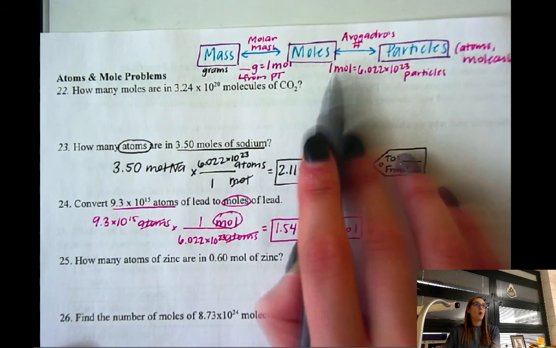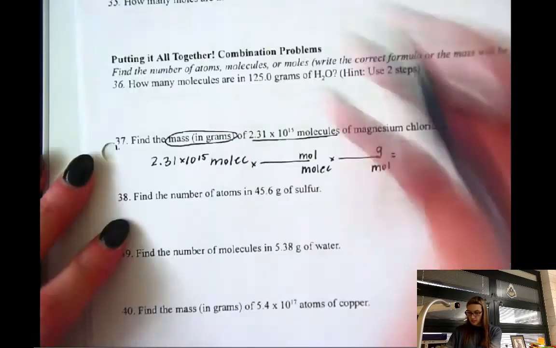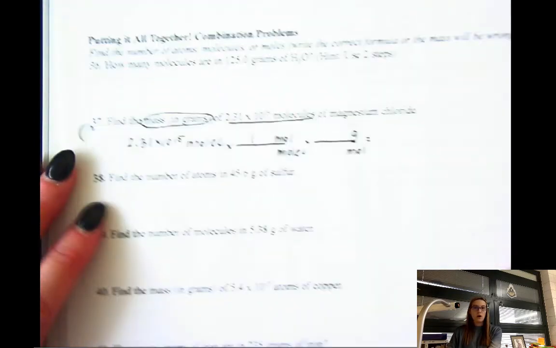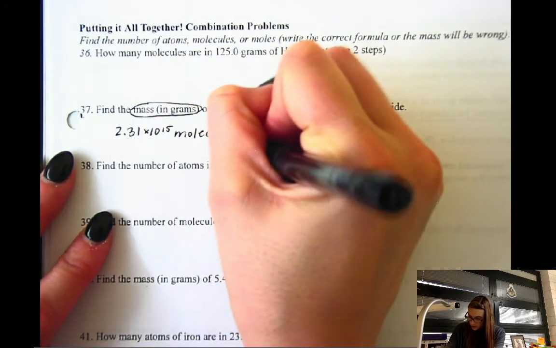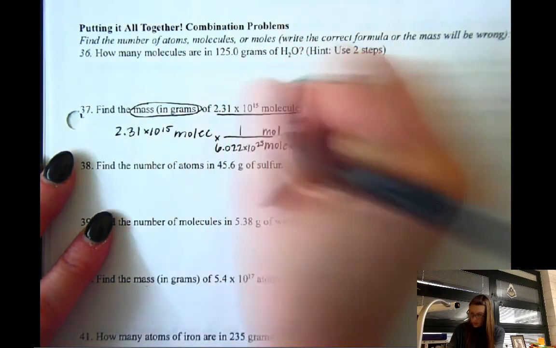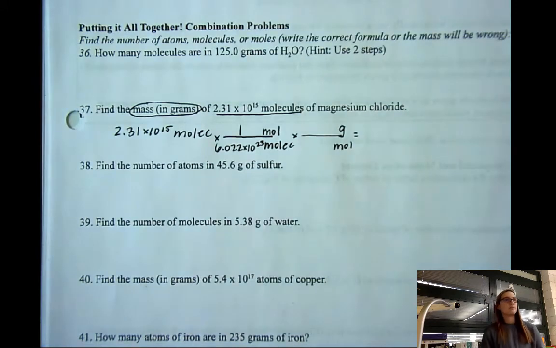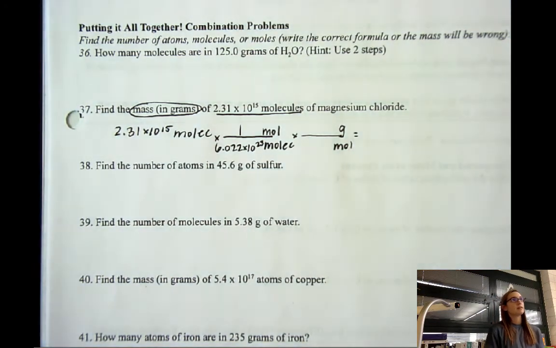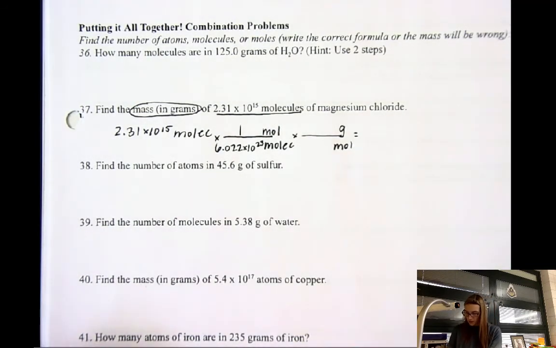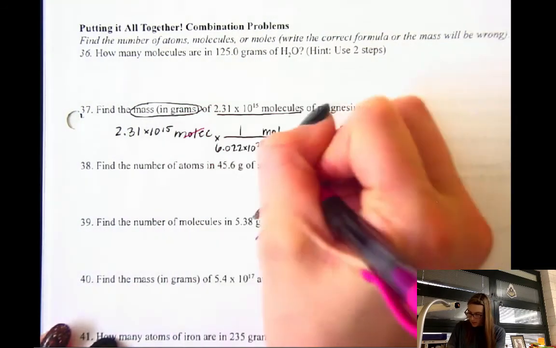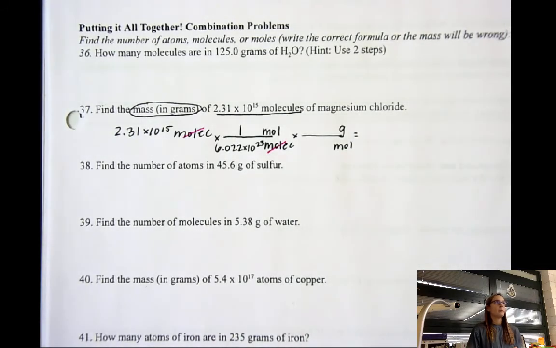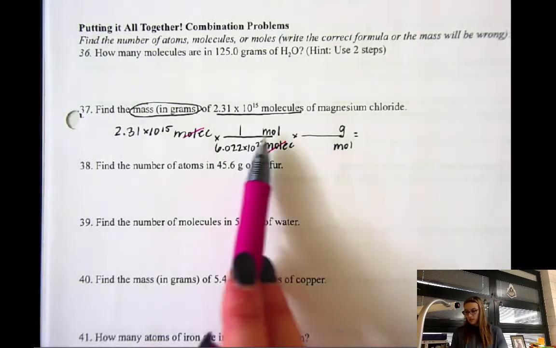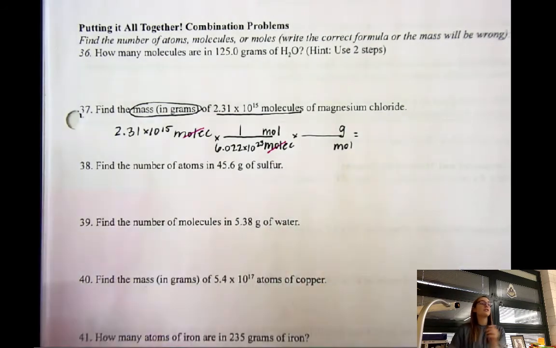For every 1 mole of a substance, there are 6.022 times 10 to the 23rd molecules. Now, if we take a look at this, now that the numbers are in here, molecules is on the top, molecules is on the bottom, those cancel. Now I'm at moles, but I want to go from moles to grams.